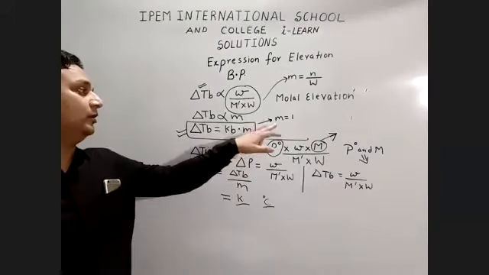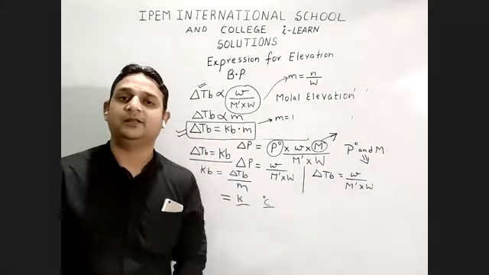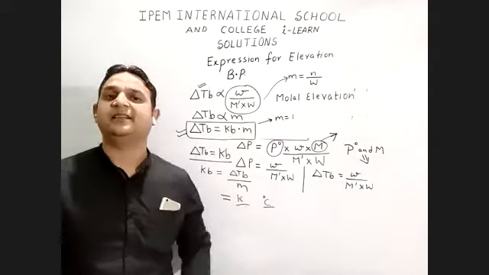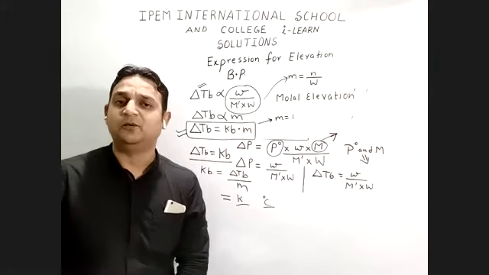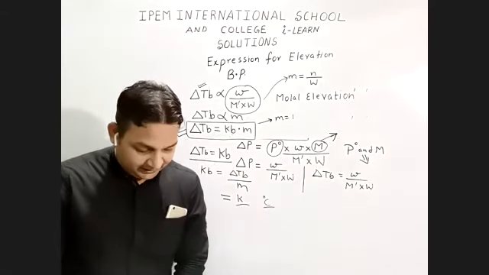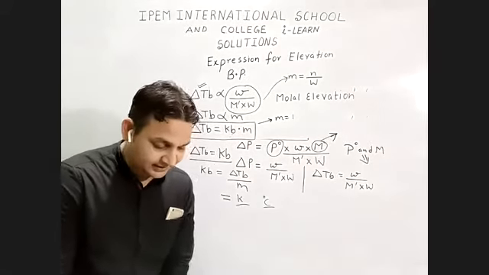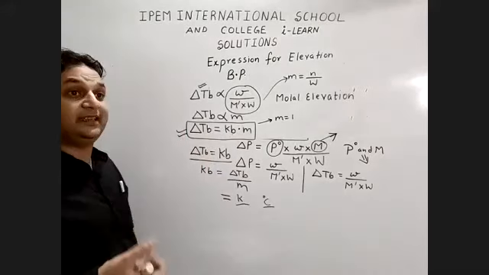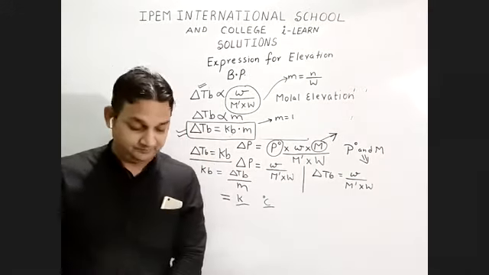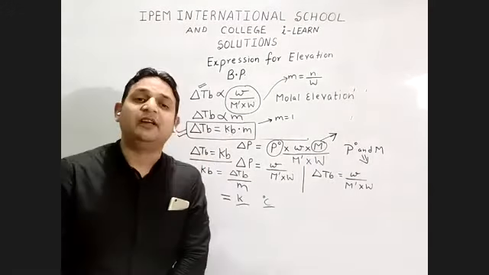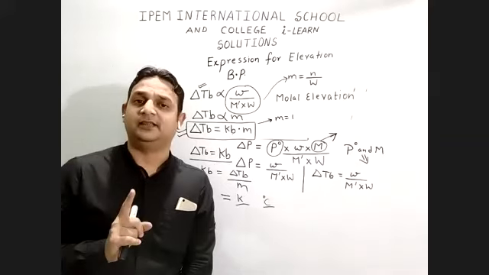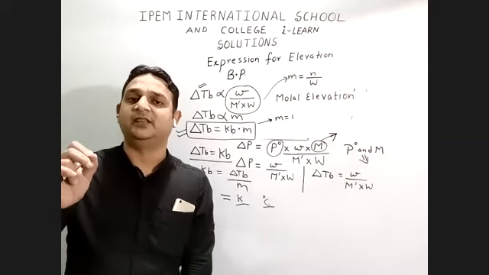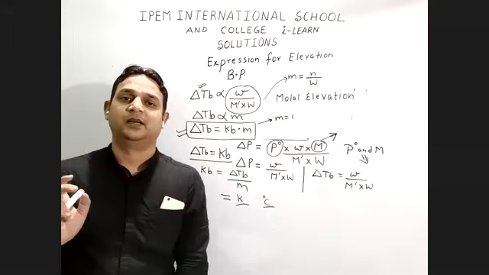We have seen here m is equal to 1, so delta TB is equal to Kb.